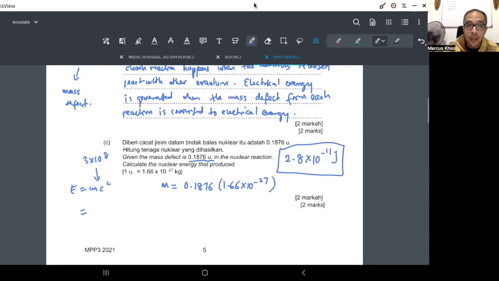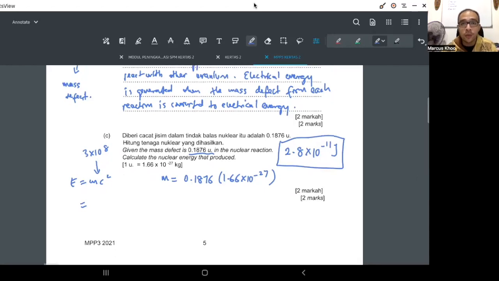Now one thing to note, when we're talking about nuclear energy, because we are talking about the very molecular level, obviously the energy value is going to be very small, times 10 to the power of negative 11. That's only because we're only talking about one reaction.